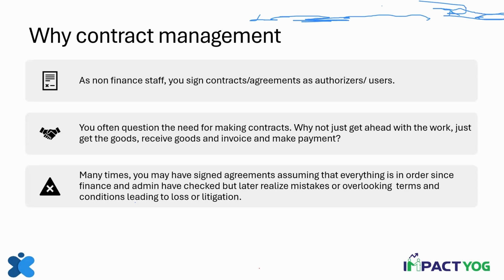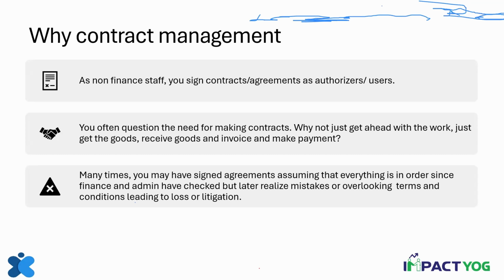Now you might be always wondering why we have to sign. We have selected this fellow, ask him to supply, and make the payment. And why? What is all this contract management business? Why should we do it and waste time? And many times you must have seen that if you have not been very particular about the terms of the contract, then you might get goods or services which are not as per what you had wanted.